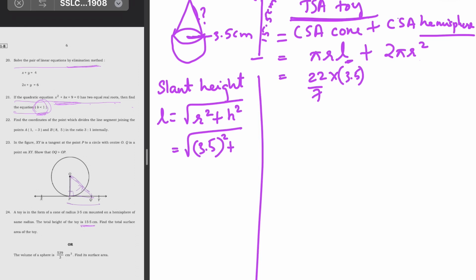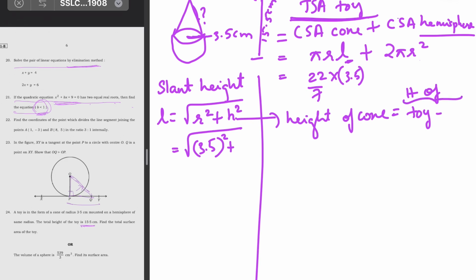H is the height of the cone. How to find the height of the cone? We know the height of the toy. Height of the cone is equal to height of the toy minus height of the hemisphere.